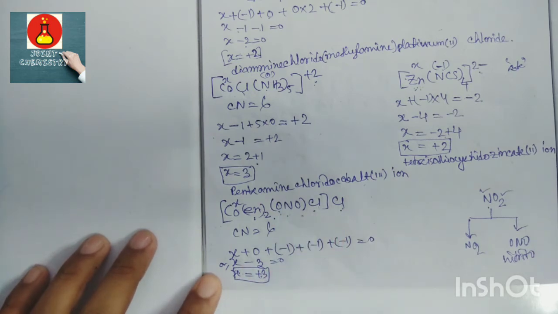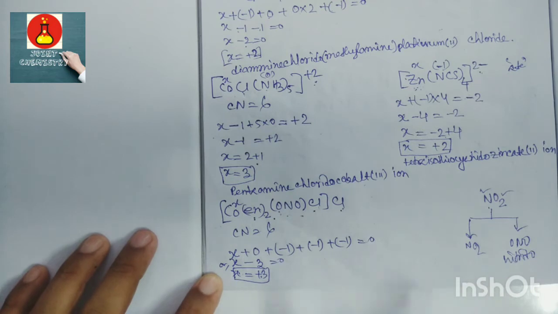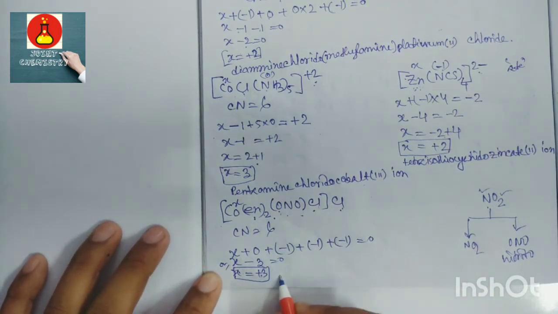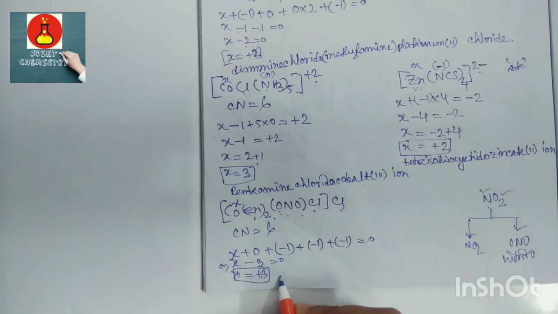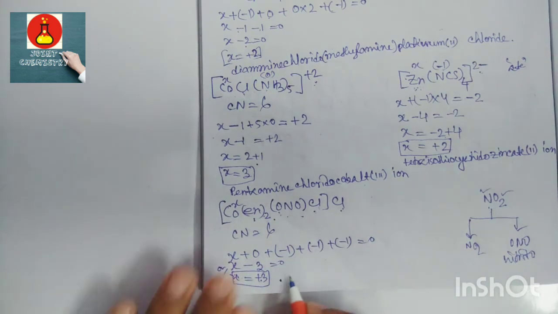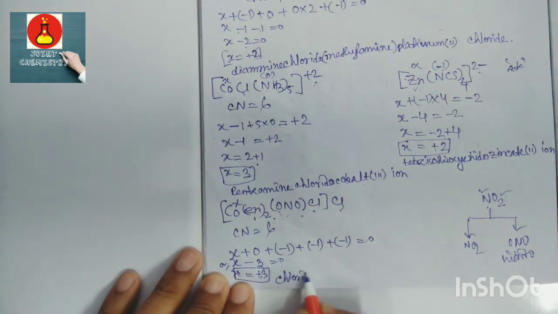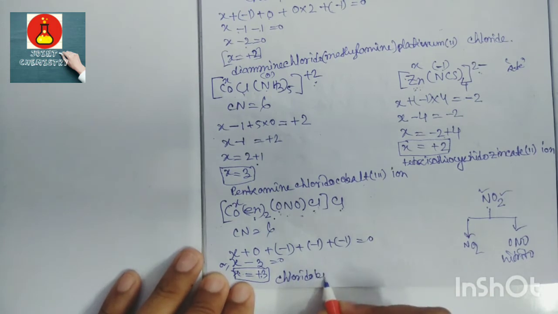Now let's write down the name of this complex. It has a name here, like this. First, it starts from the ligand with C, because in alphabetical order C comes first. And then here, and then that is ethylene diamine.